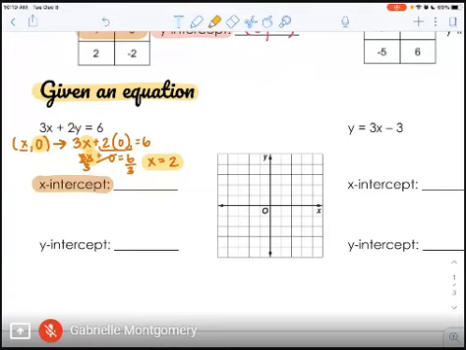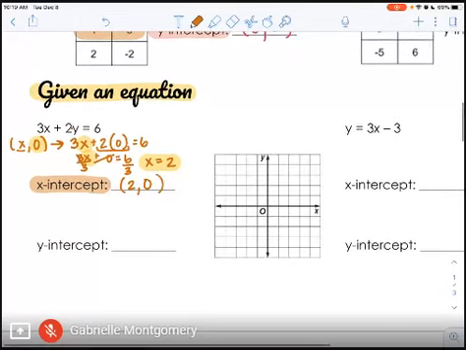So when I plugged in 0 for y, I found out that when y equals 0, x equals 2. So that is my x-intercept. My x-intercept is the point 2, 0.